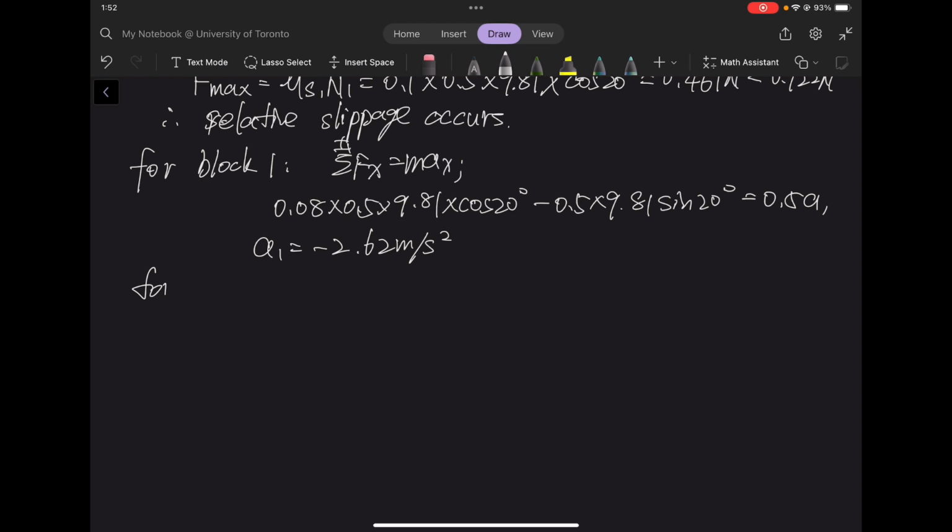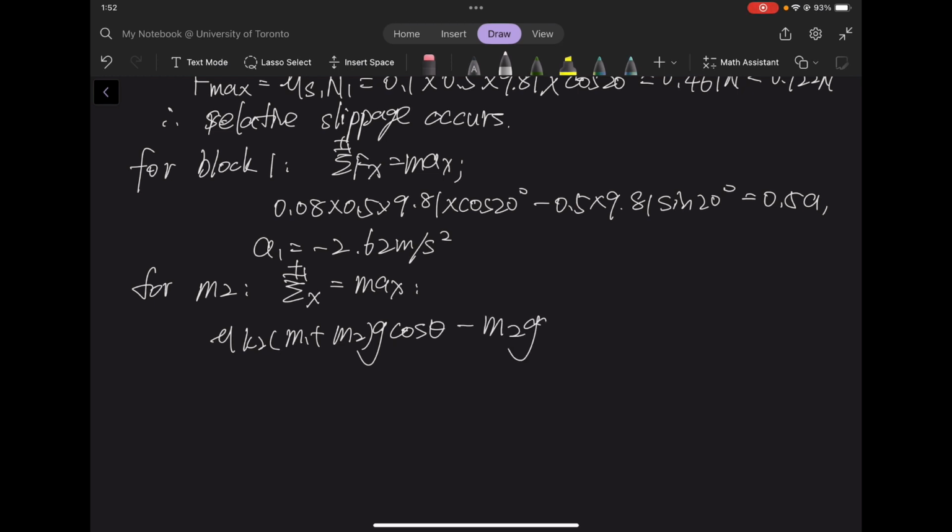For M2, in x direction it's equal to max. Again, mu_k2 (m1 plus m2) g cosine theta minus m2 g sine theta minus f is equal to m2 a2.